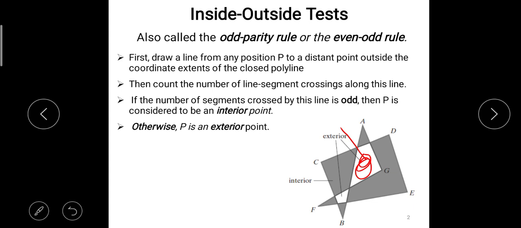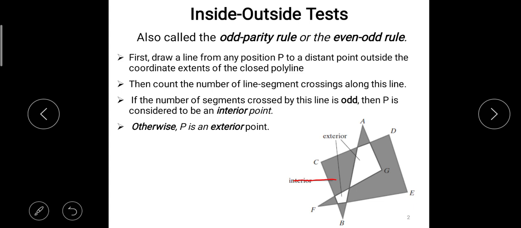Well, we have one more line drawn from this point to here. Again, there are two line segments crossing, so again this particular region is the exterior region. And there is one more line that has been drawn from this point towards the outside of the boundary.